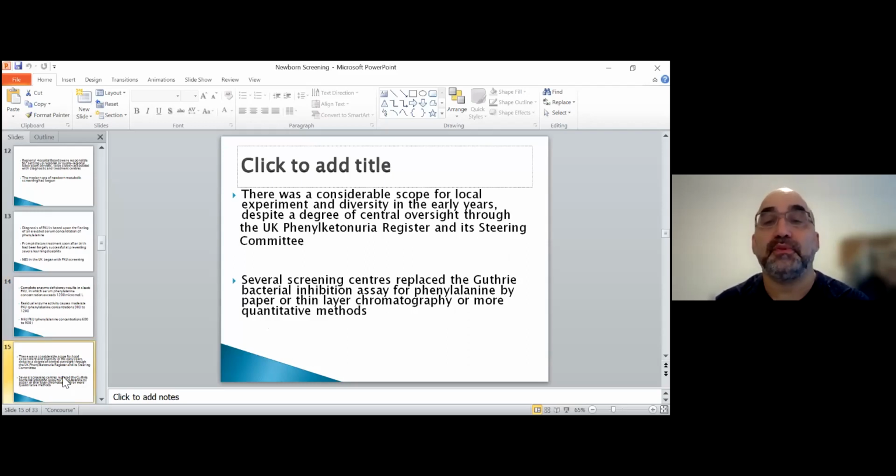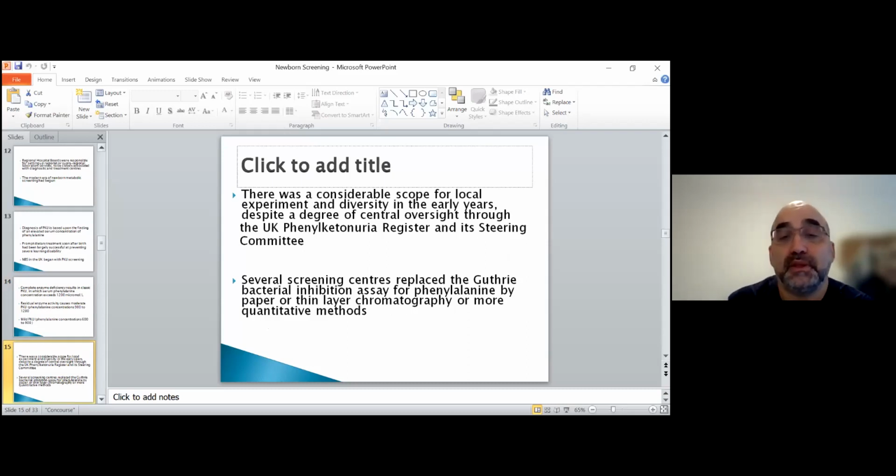So the early years started with registering PKU nationally when they were diagnosed, and there was a steering committee overseeing the whole process. At the time, several screening centers replaced the Guthrie bacterial inhibition by other methods.